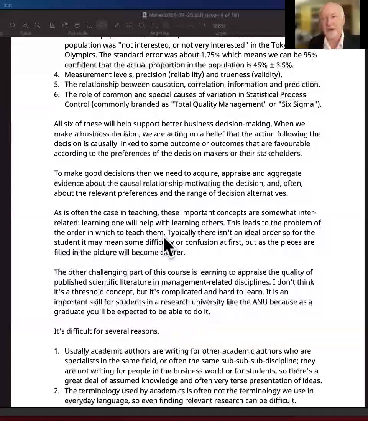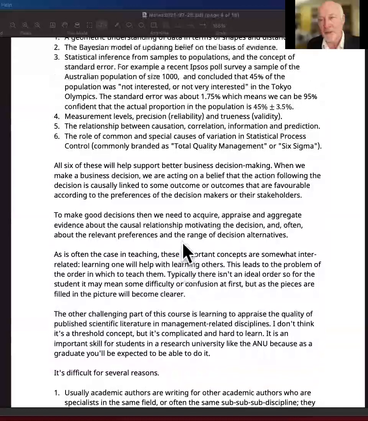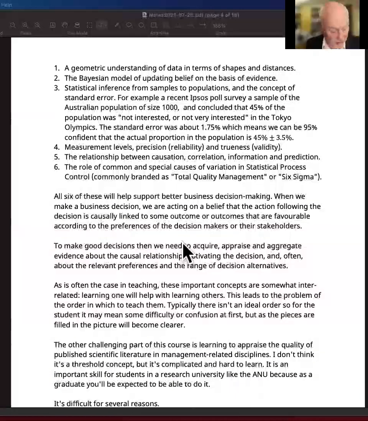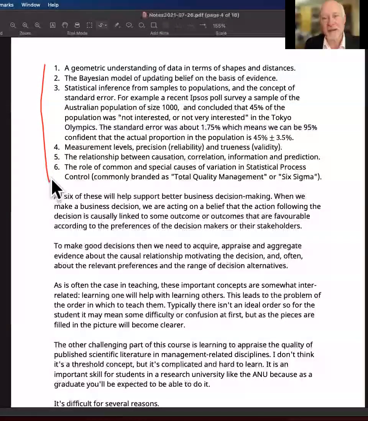Now, in terms of teaching all of this, one problem that we have is that these six central threshold concepts, to some extent, are interrelated, and understanding one helps you understand others better. So there's a question about what order to teach them in.